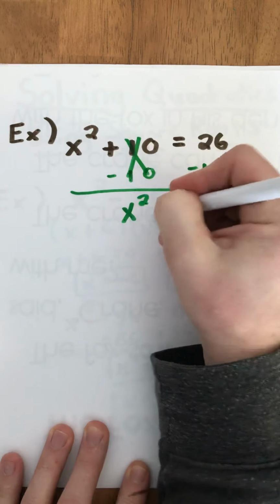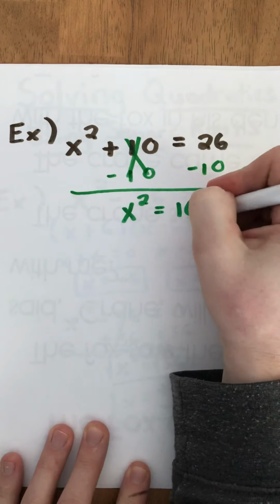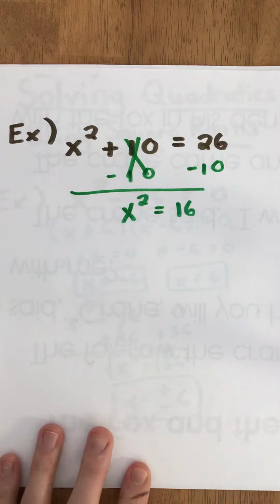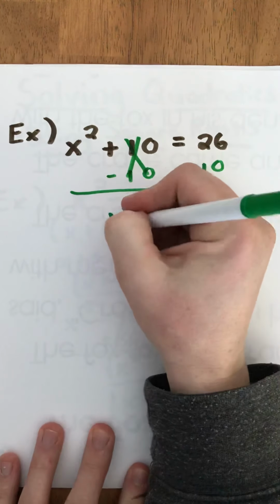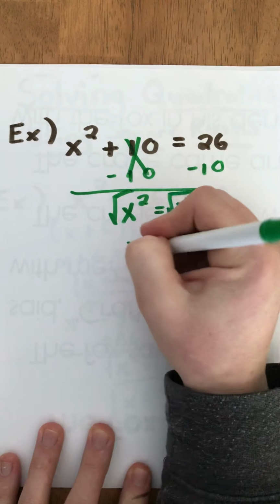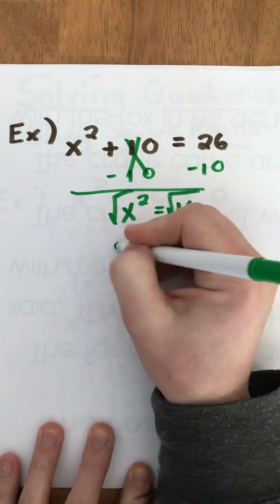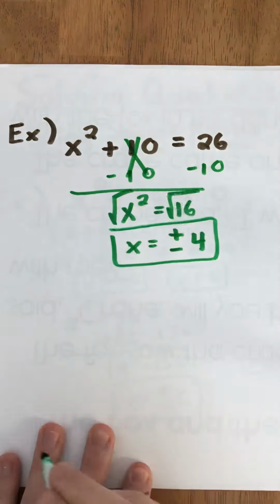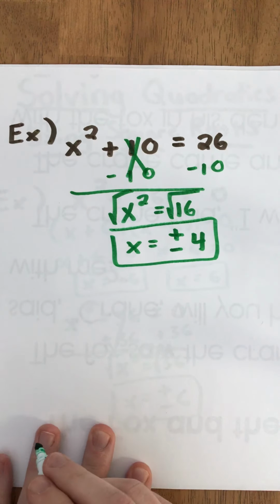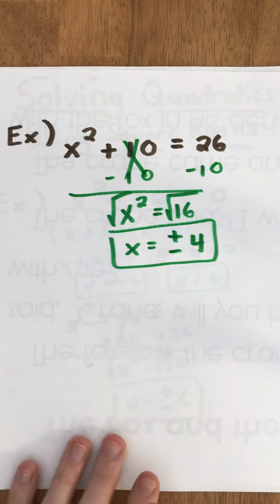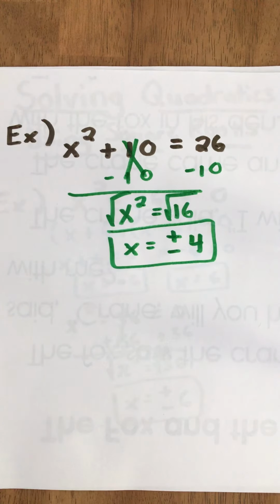I'm going to get x squared is equal to 16. And then to get rid of my squared, I'm going to take a square root, and I'm going to get x is equal to a positive and negative 4.